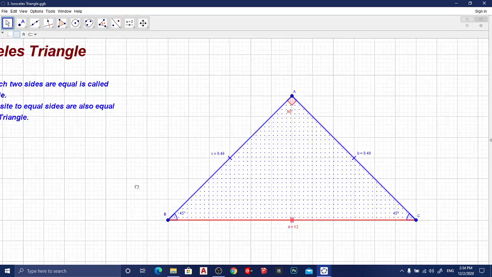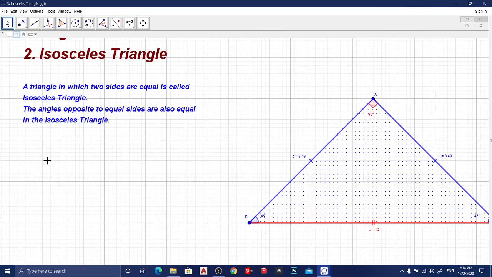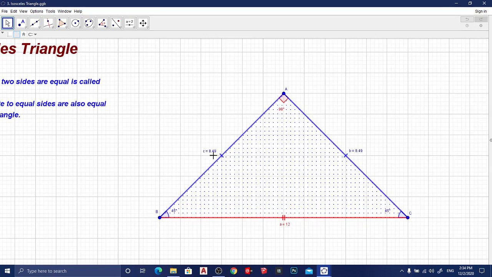The property of the isosceles triangle is that the angles opposite to equal sides are also equal. If you observe, not only the sides, but also the angles opposite to the equal sides are equal. The angle opposite to this side is 45 degrees, and the angle opposite to this side is also 45 degrees.